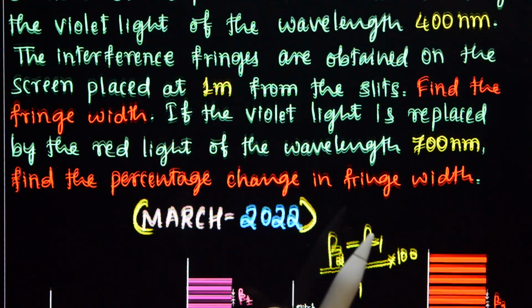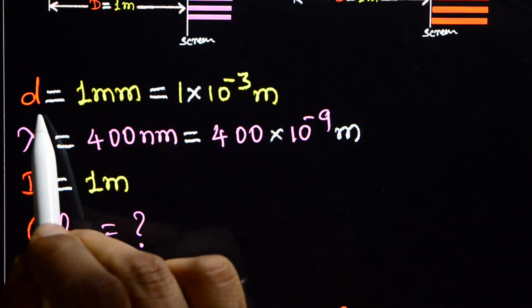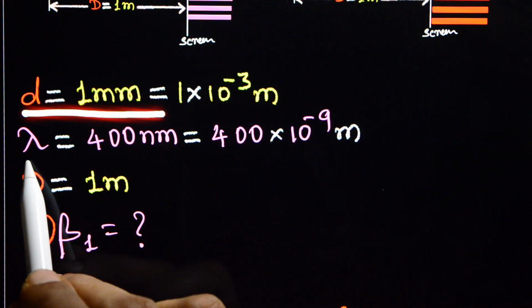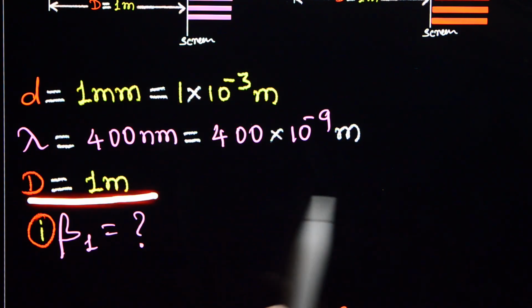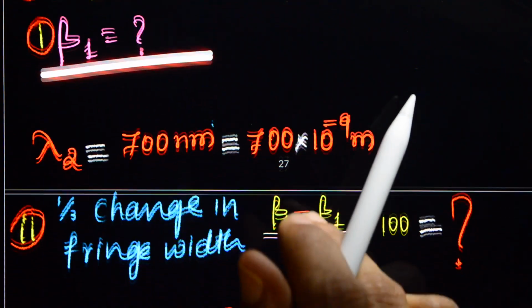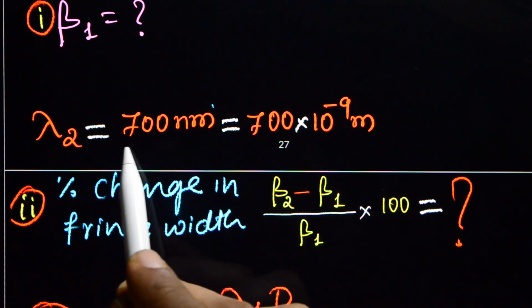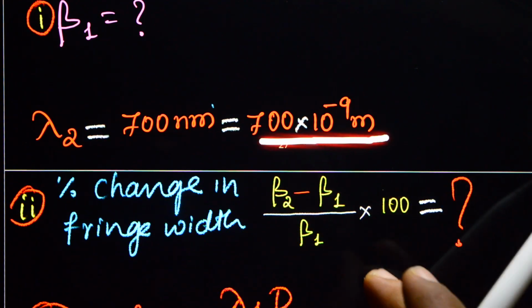First we need to find fringe width. Okay, the given things are d is equal to 1 mm, lambda 400 nanometer, capital D is 1 meter, and you need to calculate beta 1. Here for lambda 2, 700 nanometer, that is 700 into 10 raised to minus 9 meter.